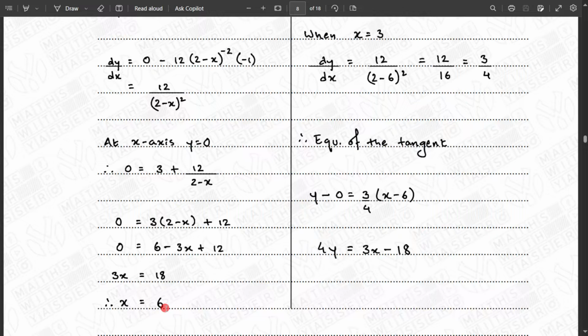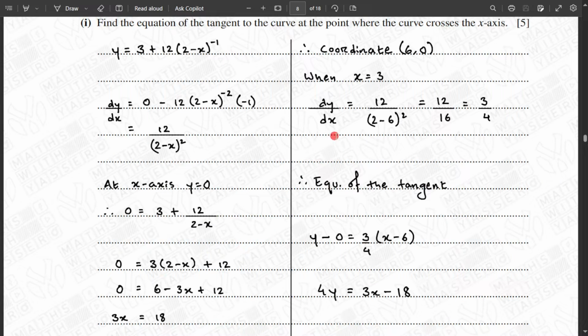So this is the point where it cuts the x-axis. So the coordinate is 6 and 0. Now let's find the gradient. So we know the equation of the gradient, which is 12 over (2 minus x) whole squared.